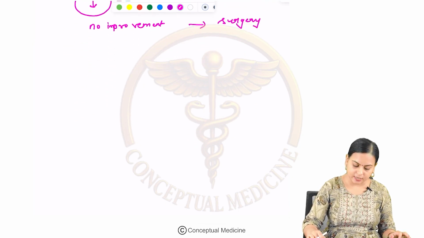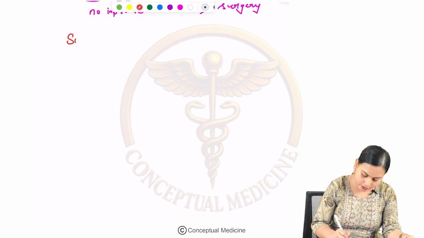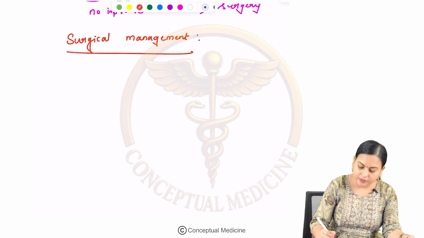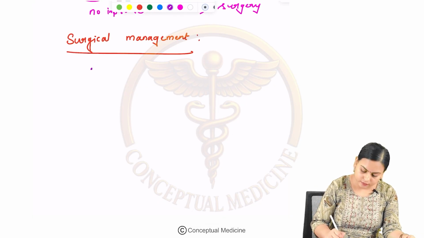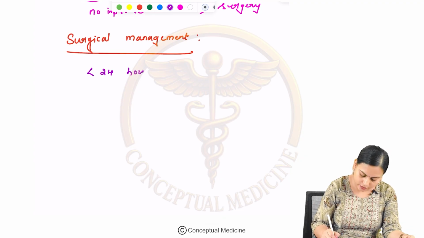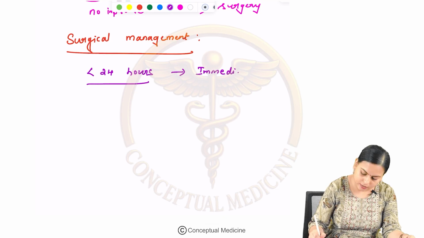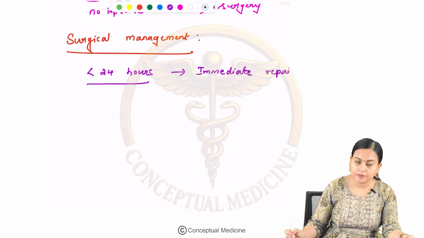Clear? Yes. Next one is surgical management. If the fistula is detected within 24 hours, then you have to do immediate repair. Okay.